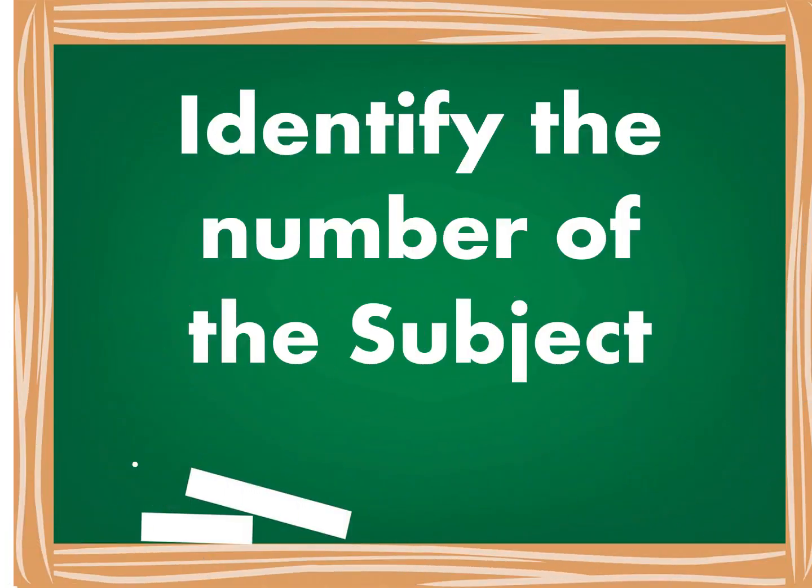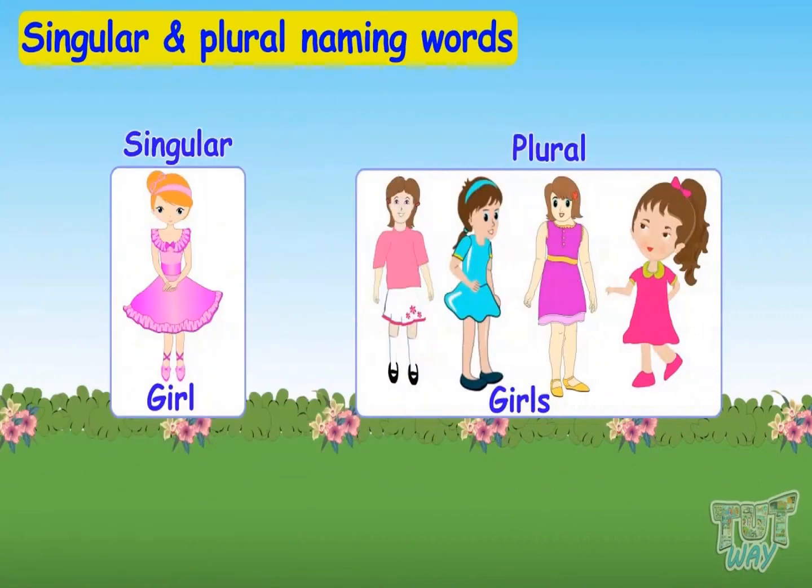Now that we already know the subject in the sentence, let us now identify the number of the subject. If there is only one subject, the number is singular. And if there are two or more subjects, the number is plural.